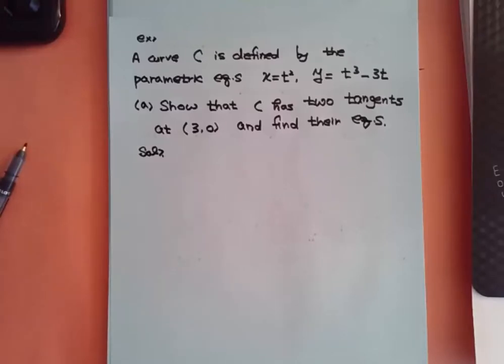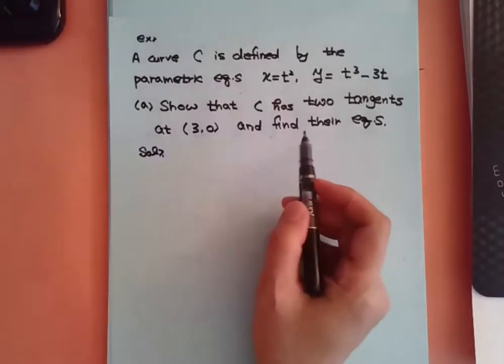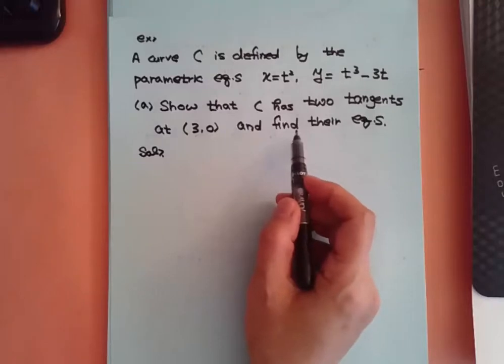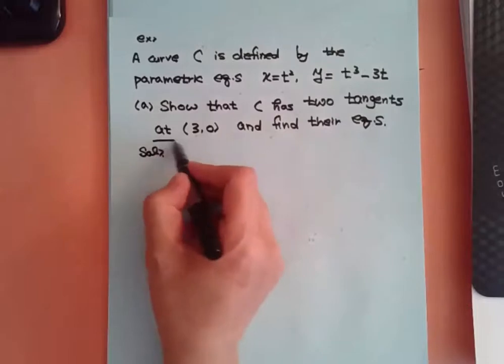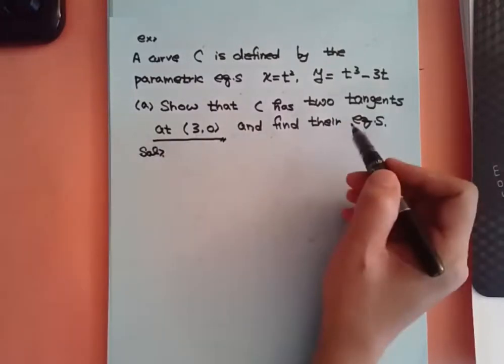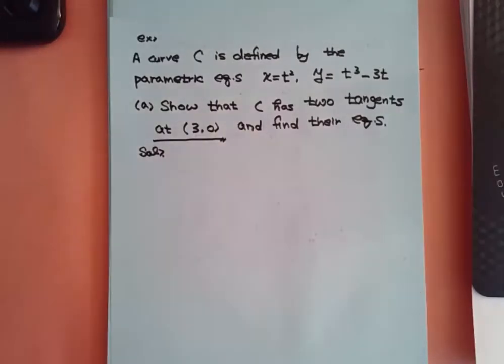There are two parts in this problem. The one part is we have to show that C has two tangents at this point, and then we will figure out the equations of the lines which define the tangent lines.